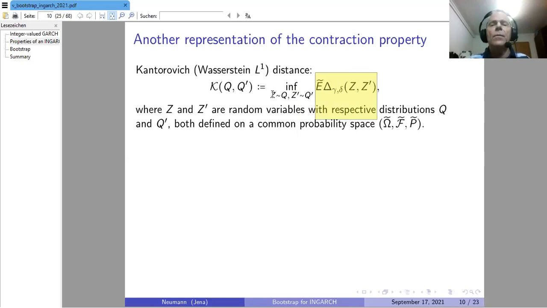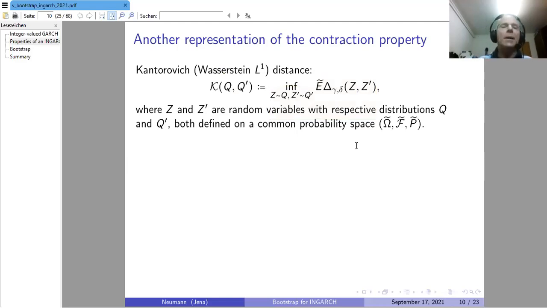And then we optimize this by taking the infimum over all random variables C and C prime such that their marginal distributions are Q and Q prime respectively. And by an optimal coupling of C and C prime, we actually obtain the corresponding infimum here.